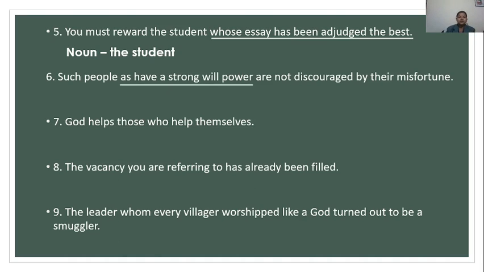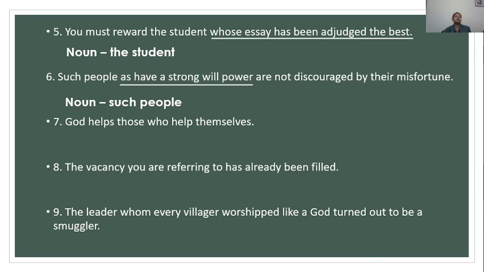My adjective clause is "as have a strong willpower." And as is referring to which word here? It is referring to people, such people. So my noun is such people and the adjective clause in this sentence is "as have a strong willpower."